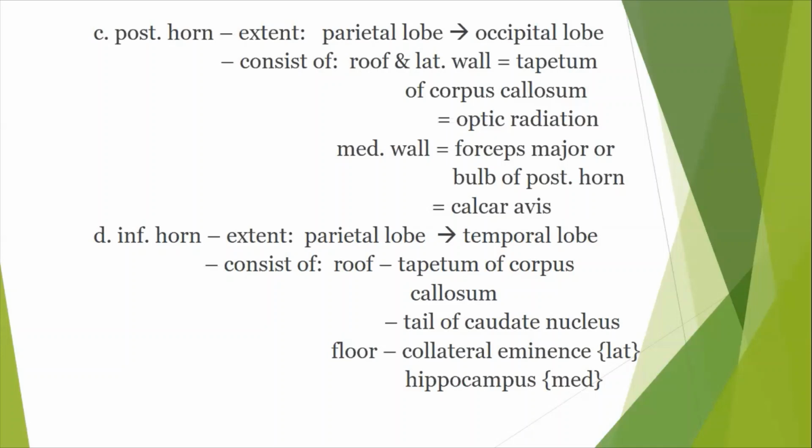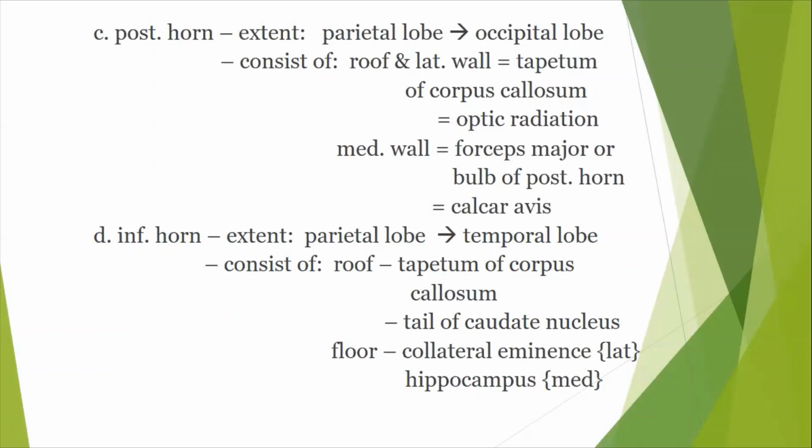Then the inferior horn will extend from the parietal lobe to the temporal lobe. You have to remember that the body of the lateral ventricle is found in the parietal lobe, and these horns will be projections to the different lobes of the cerebral hemisphere.